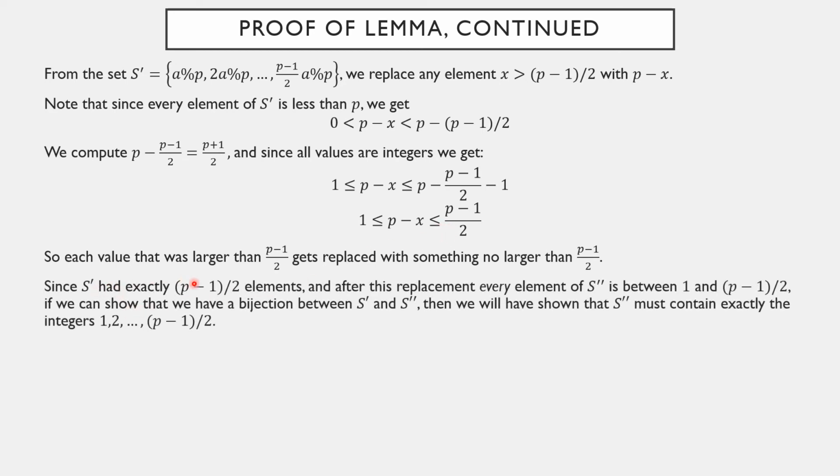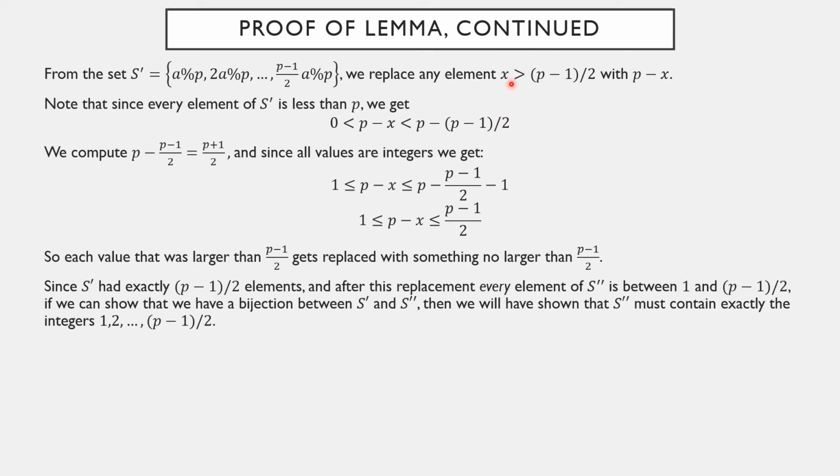S prime had exactly (p minus 1) over 2 elements. It was just a bunch of different remainders, and it was exactly this many of them. After this replacement, I'll have my set S double prime. The small values were already between 1 and (p minus 1) over 2. What used to be a big value now gets replaced with one of the possible small values. So every element of S double prime is between 1 and (p minus 1) over 2. It has this many numbers, except I may have accidentally duplicated something.